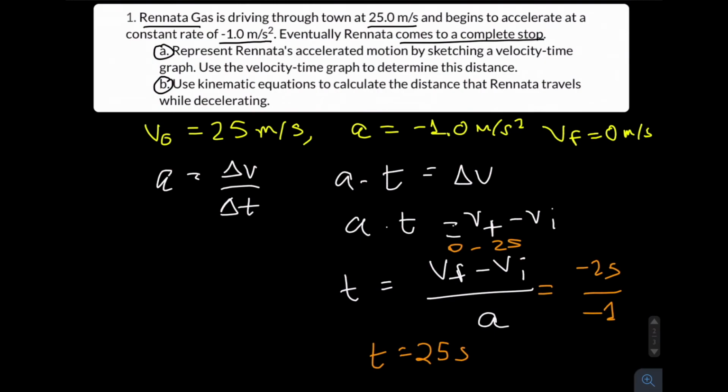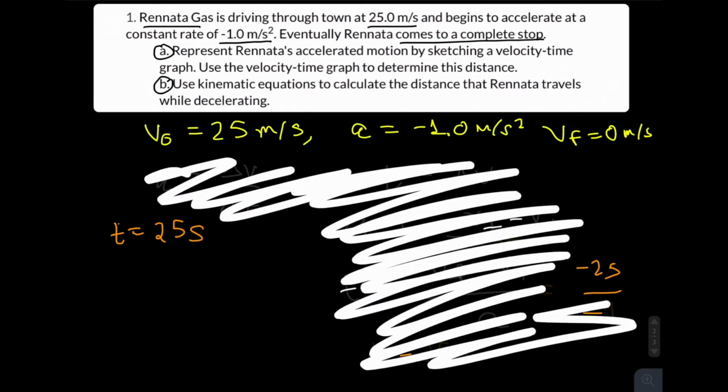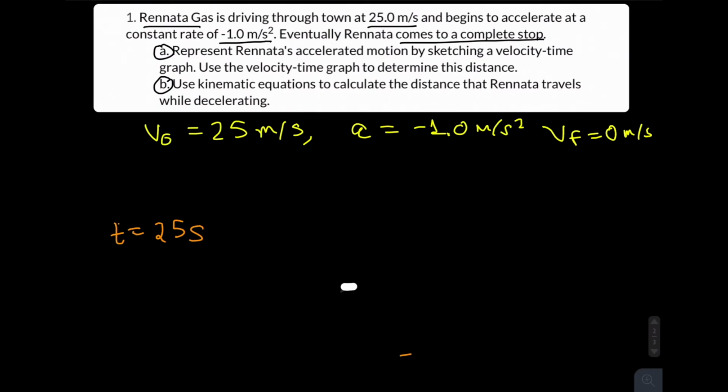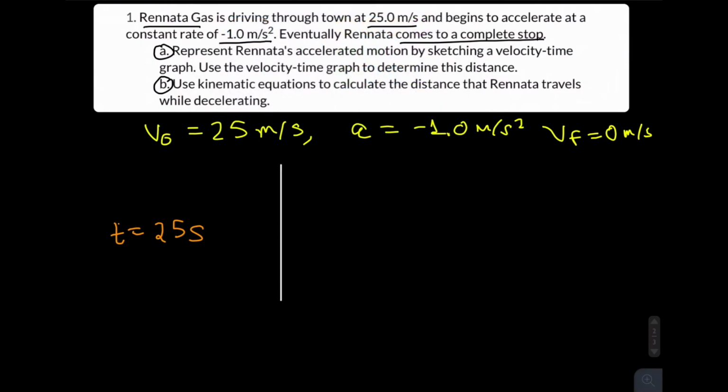And now that helps us. So I'm just going to write it down here. Time is 25 seconds, right? That's how long it takes for them to come to a stop. So let's draw a graph here. Hopefully a neat graph, right? So velocity versus time, and then we have velocity here and time here.